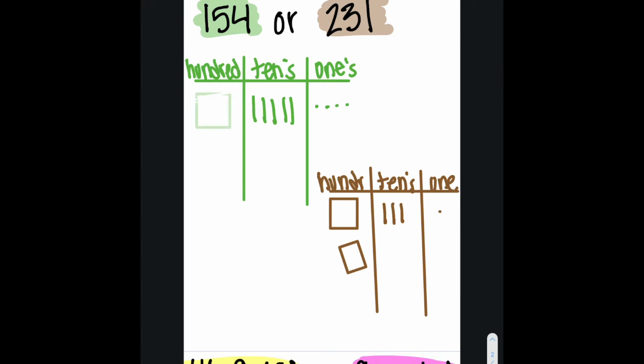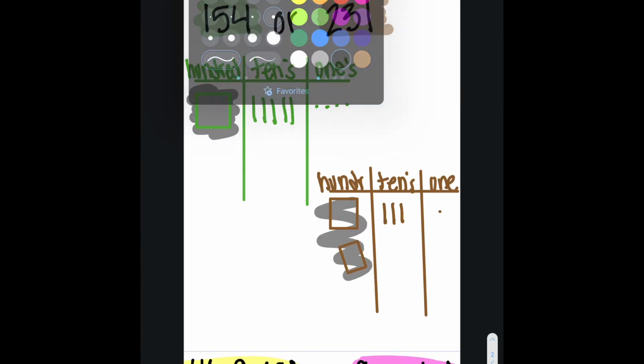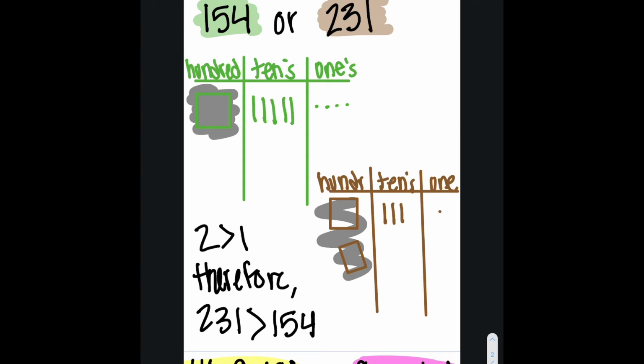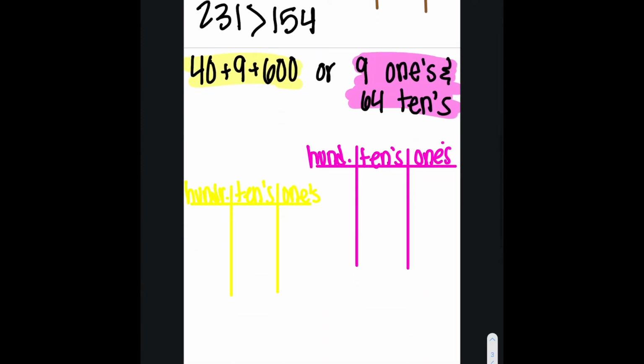So then we're going to take our little highlighter, and we're going to show that there is 1 hundred in 154, but there are 2 hundreds in 231. So we know that 231 is greater than 154, because 2 is greater than 1. Alright, so we're just going to finish writing that down, and then we're going to go to the next one.